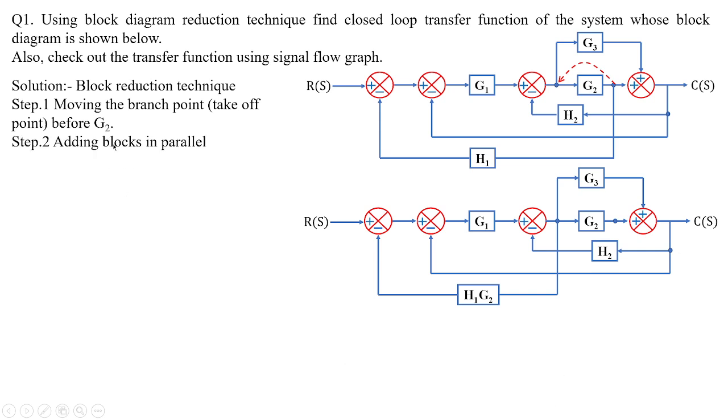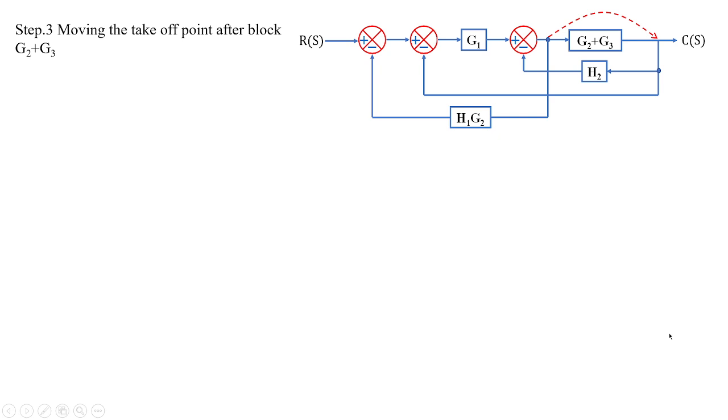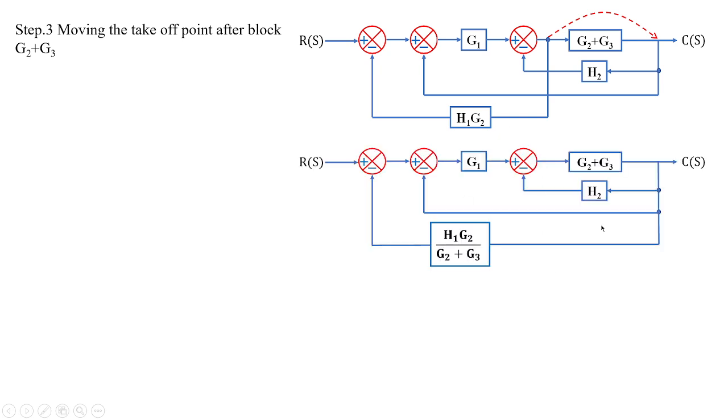Then, adding blocks in parallel, you can see G3 and G2 are in parallel. You can add them easily. And then move the takeoff point after block G2 plus G3. So we have added these two blocks like this, and we shift the takeoff point from the left of block G2 plus G3 to the right of block G2 plus G3.